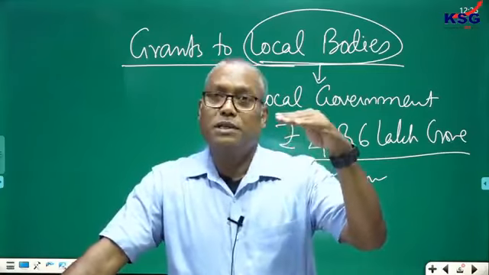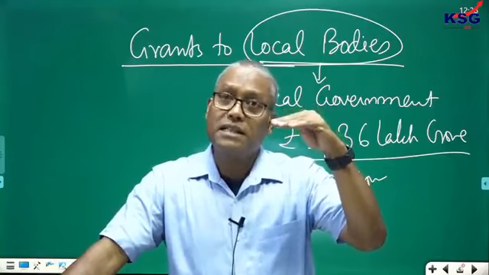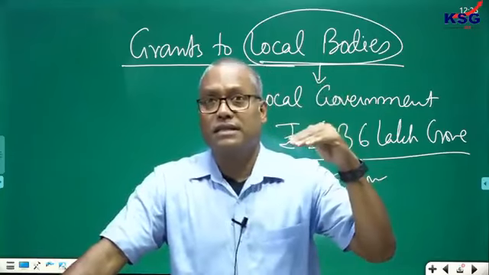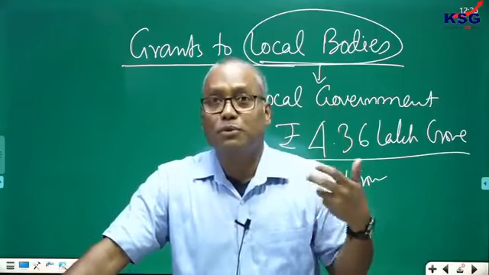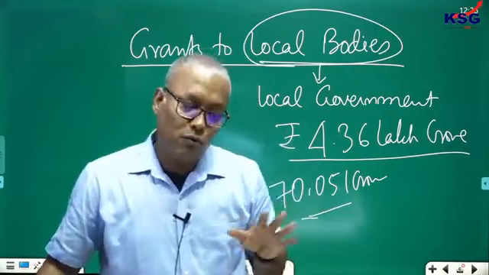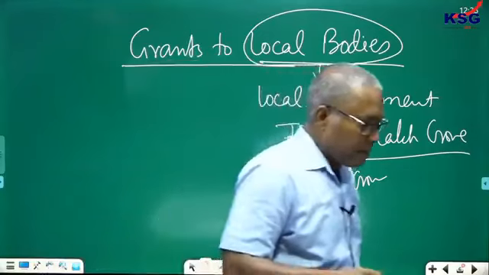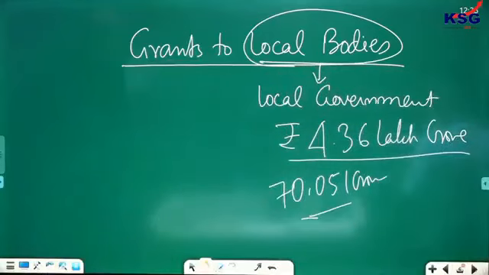This should be the minimum; they may charge more than this, not below this. And you have to increase collection efficiency. Then only can you avail these grants. Okay, second point, and please write one more point.